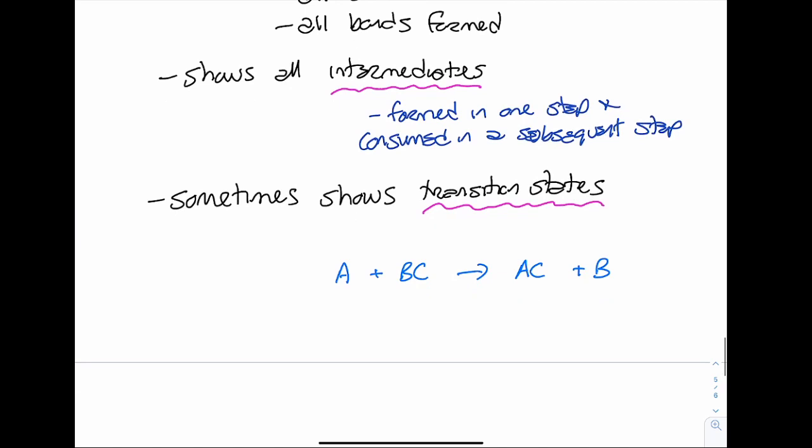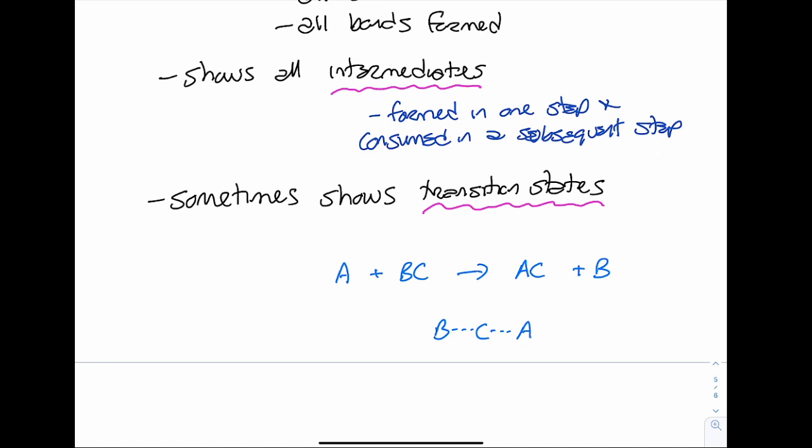So to get from A to B, I'm having to break the bond between B and C, and I have to form the bond between A and C. And let's say this was a one-step reaction, so I don't have an intermediate. So what I would do is I would end up breaking that bond between B and C at the same time that I'm forming that bond between C and A. So when we draw dotted lines like that, that's my transition state. So partial, right? Partially formed, partially broken.